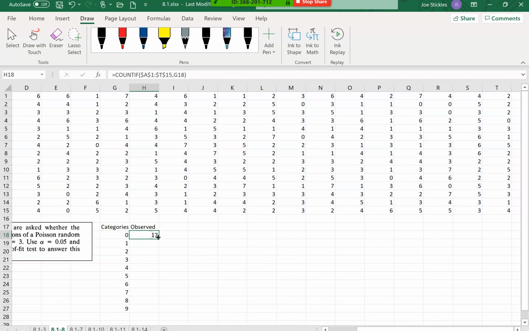Then I can copy this down. So those are the observations, and I don't have anything in category 9 at all.